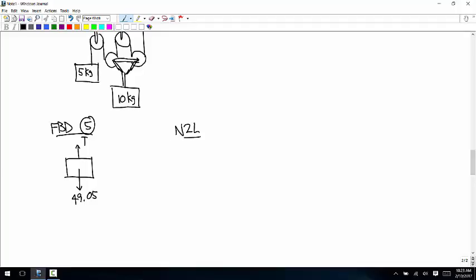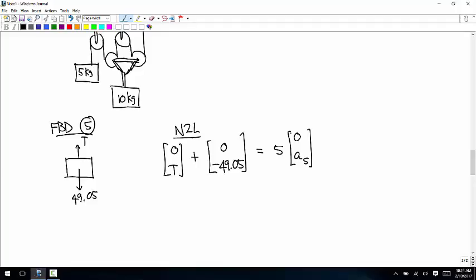And so Newton's second law says 0T plus 0, negative 49.05 is equal to 5 times 0, A5. And so our first useful equation says T minus 5A5 is equal to 49.05.